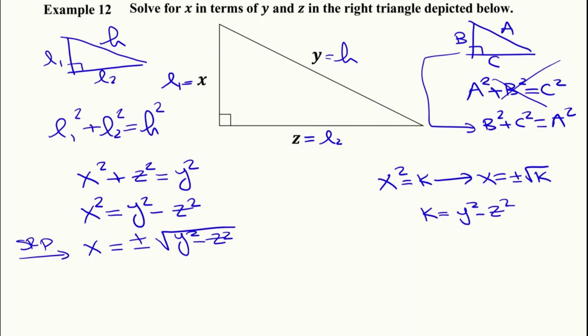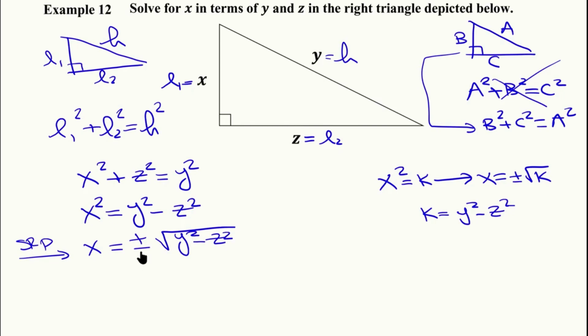We always have to have common sense active when we're solving actual situations which deal with objects, because here we obviously can't have a negative length for x, because it's the length of a side of a triangle. So we will reject the negative case, because the square root we know will be non-negative, and in fact it'll be positive.